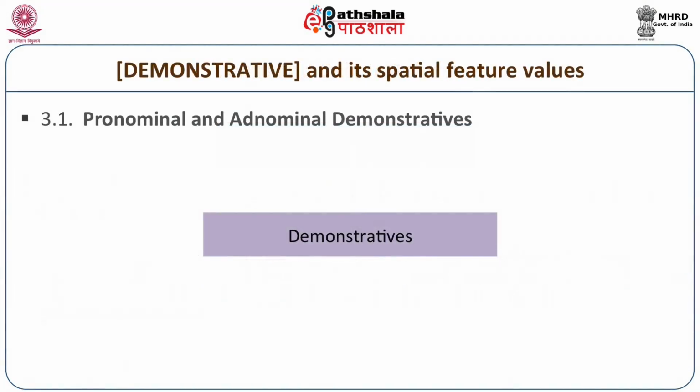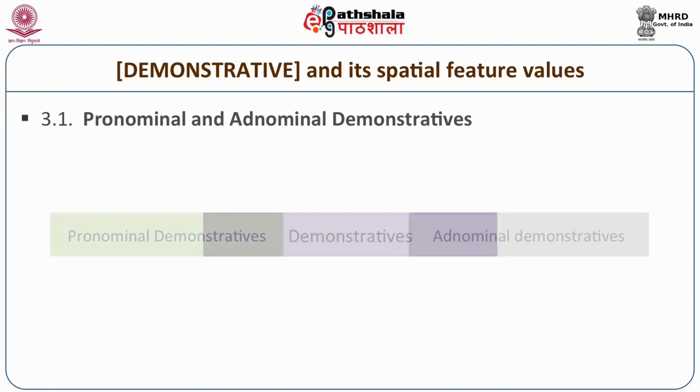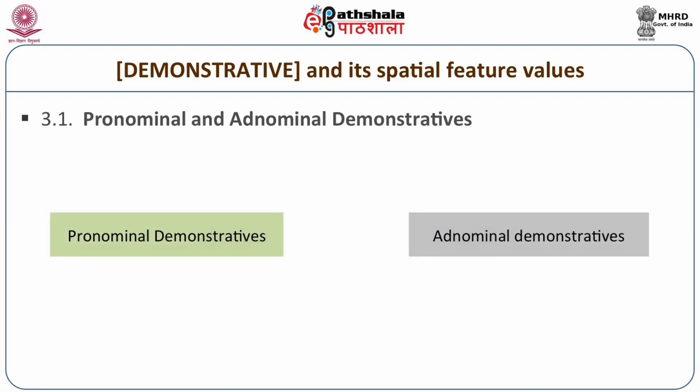We will look at demonstrative values first, that is, reference to the deictic center, the sphere of the speaker or the hearer. Demonstratives are commonly divided into pronominal demonstratives, which substitute for a noun or a noun phrase, and adnominal demonstratives, which accompany a noun.